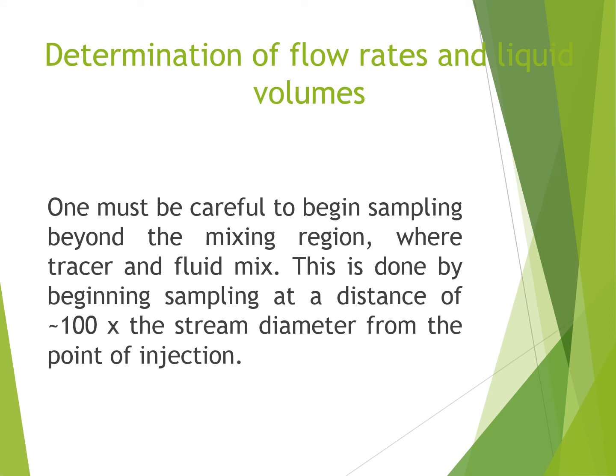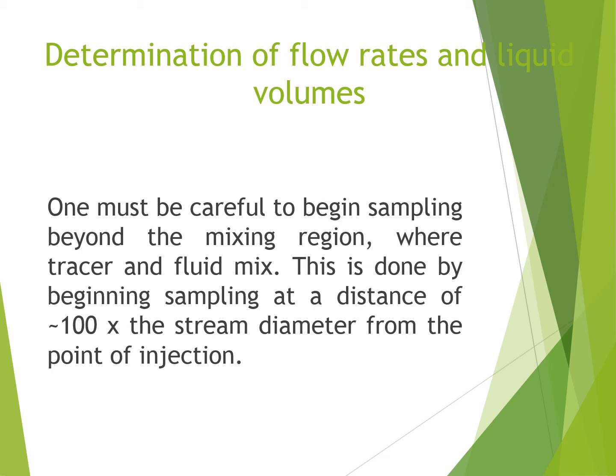We should be careful to begin sampling beyond the mixing region where tracer and fluid mix. This is done by beginning sampling at a distance of approximately 100 times the stream diameter from the point of injection.